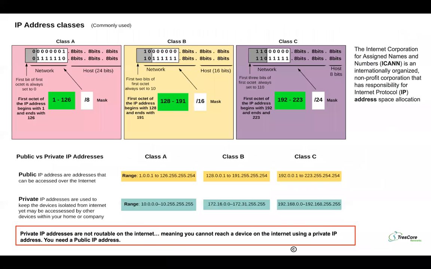Okay, as you know, IP addressing was created like the address of your home. I mean, how people can reach you by getting the mailing address, right?